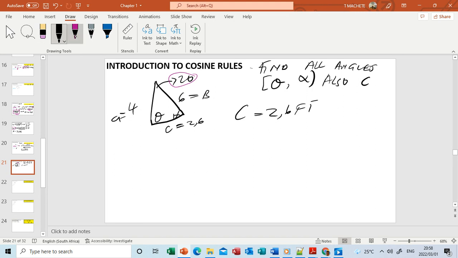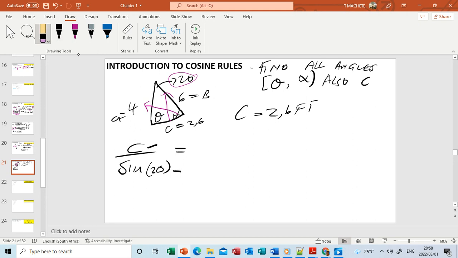Alpha is opposite to this. Also, you are given this 2. So now you know two sides and the opposite angle, so you can use the sine rule. That's why they are using the sine rule. So you use C over sine 20. You're given this side and that angle. Remember, you must be given the angle.